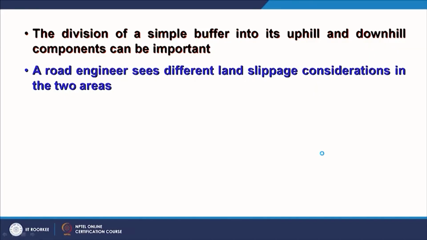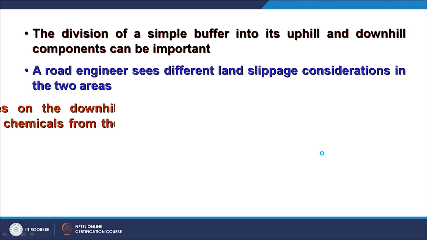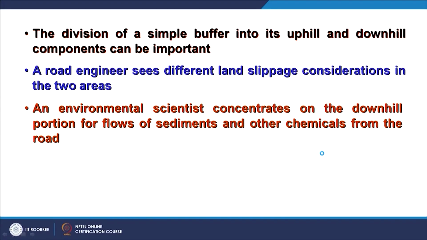Civil engineers, those who are related to transportation engineering, would like to understand all this before any such thing is planned, during the planning operation or before the construction. The road engineer sees different land slippage considerations in two areas, that is up and down slope in a hilly terrain.